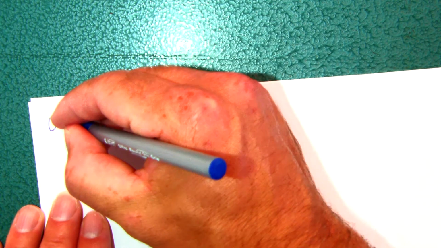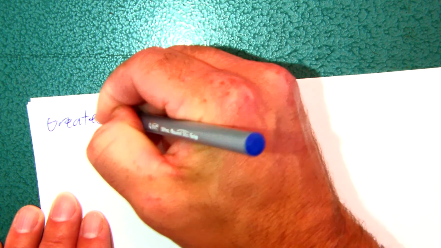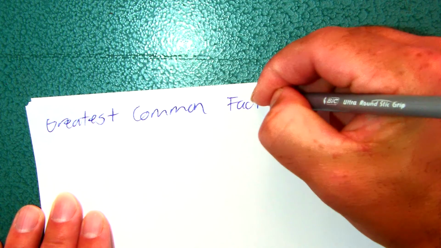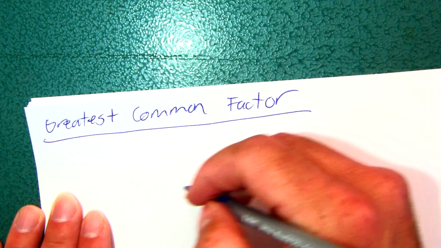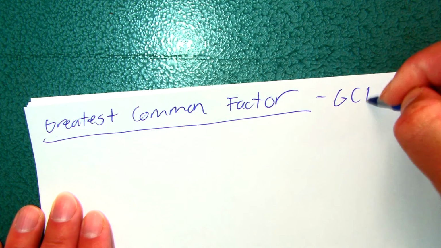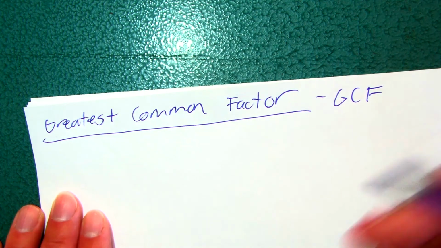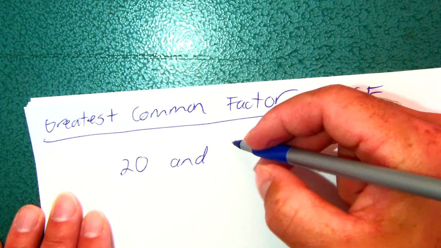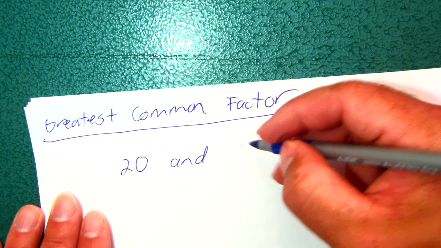I don't think there are going to be any questions about greatest common factor, but just to mention that. Again, going back to factors here, that's why you refer to that as GCF, greatest common factor, like 20 and let's go with 35.